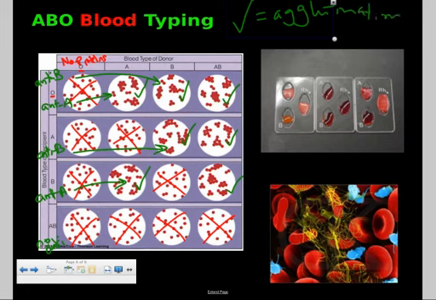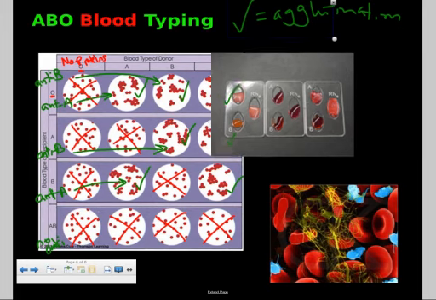The reason being, if I add an antibody for type A to a blood sample, and that blood sample agglutinates or sticks together, it means that that blood has surface proteins for type A blood, meaning that we determine that blood type is type A. If we add B antibodies to a blood sample and it agglutinates, it means that those B antibodies that I added are attacking the B proteins in that sample, thus causing it to agglutinate.